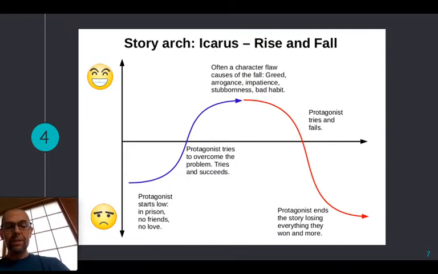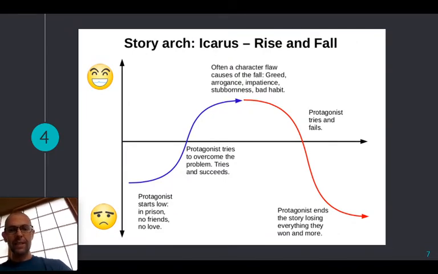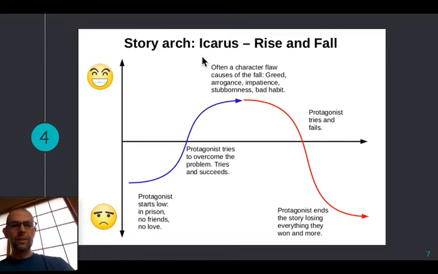So each one of those structures has a reverse, and they are the sad endings. The first one to look at is the reverse of the man in a hole, and that is the rise and fall, or the Icarus stories from Greek mythology. Here our protagonist starts off in a low place. Maybe they're in prison, they have no friends, or there's no love in their life.